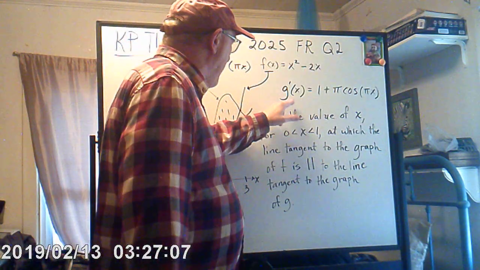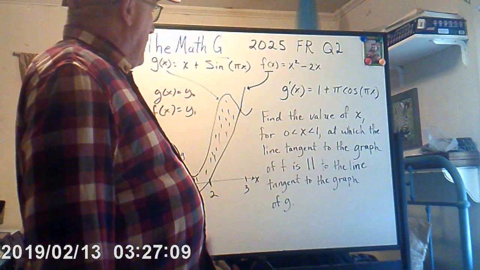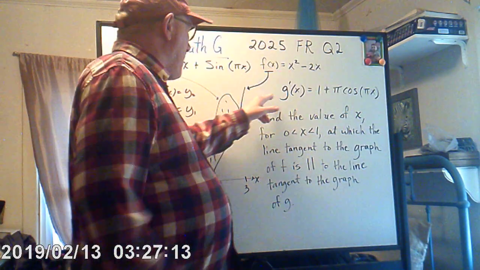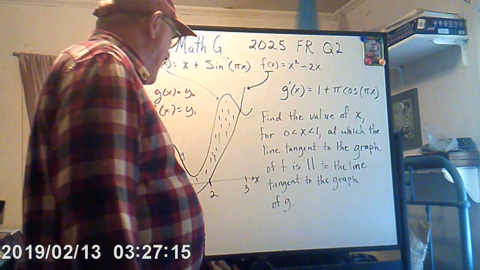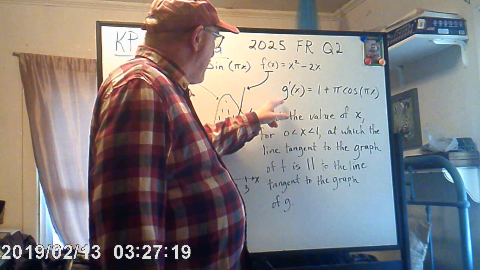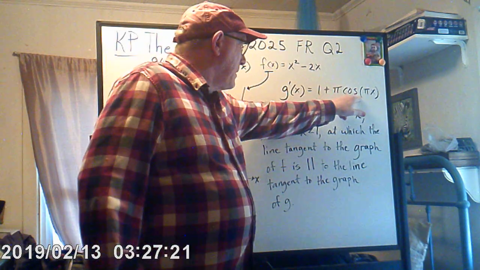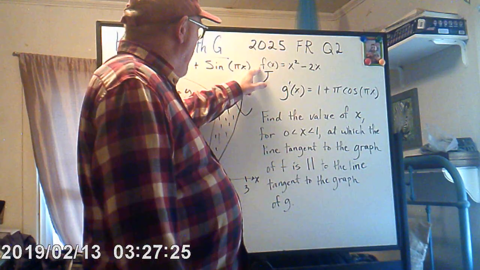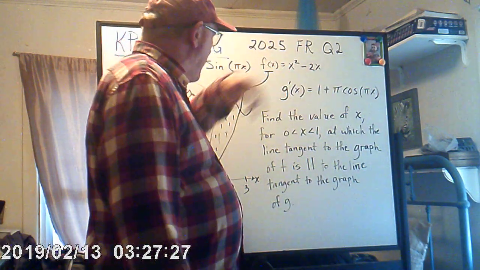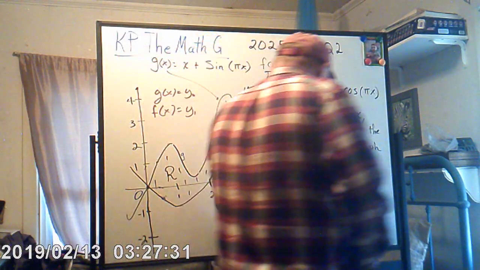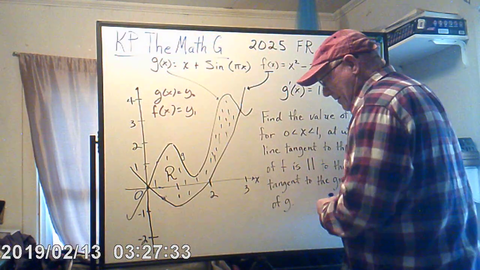This represents the slope of the tangent line. This is the graph of f, so we want the slope of f, and we can do that.